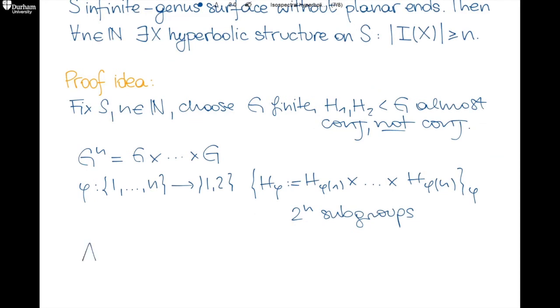So now I can use the construction of Agol, Patel, and Flamis and get a hyperbolic structure Y on S with isometry group G to the n.